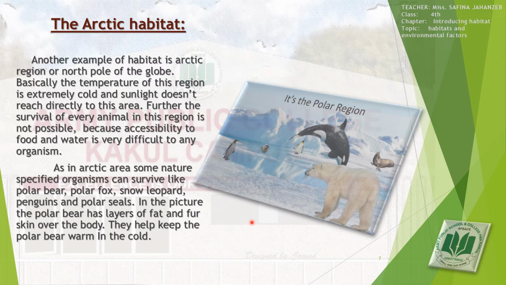We will discuss all these habitats in our next lecture. Students, now it's your assignment to kindly search these habitats with diagrams and also mention all those animals and insects which exist in these habitats.